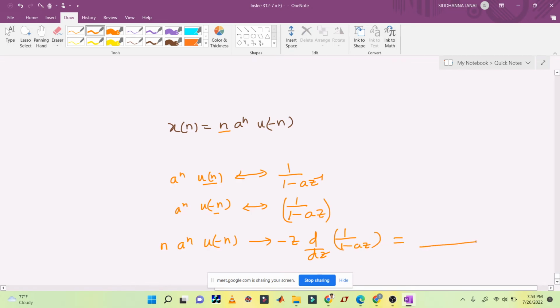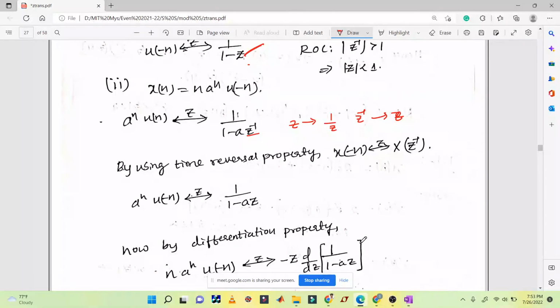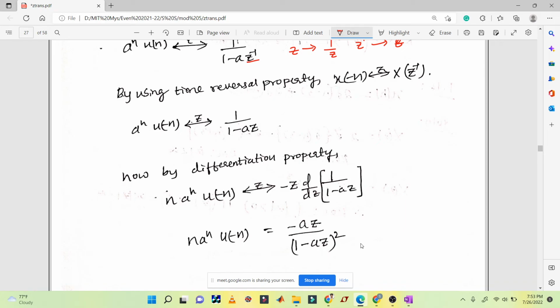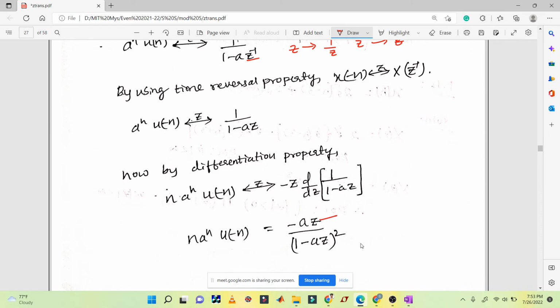Whatever answer you get will be your z transform, final X of z. The answer after differentiating it will be minus az divided by 1 minus az whole square. I hope you understood. Any doubt in this one?